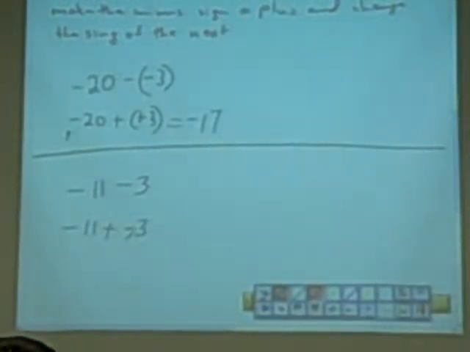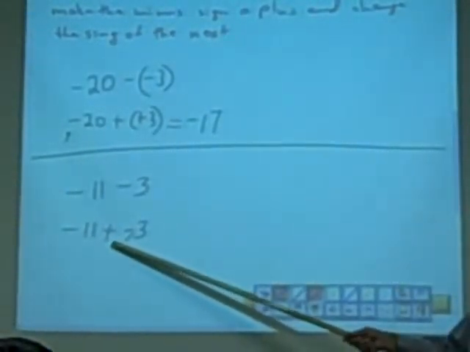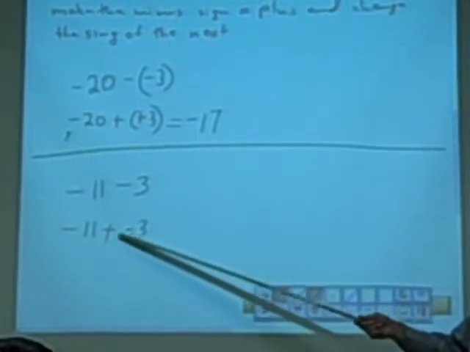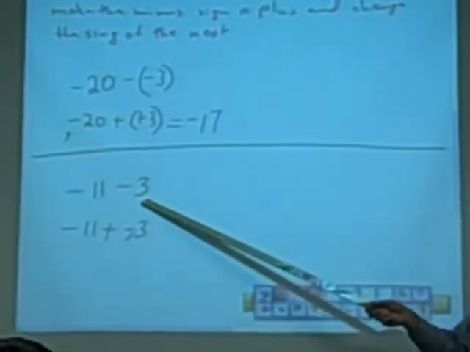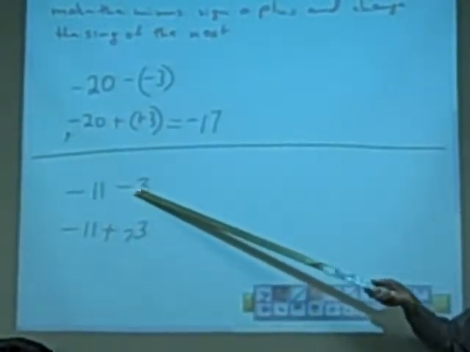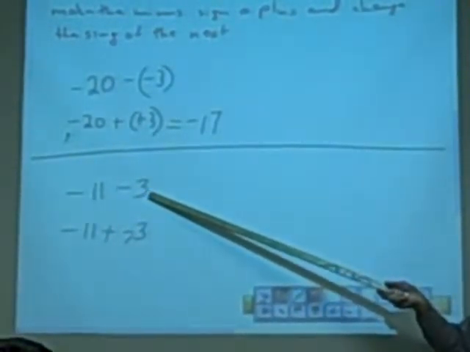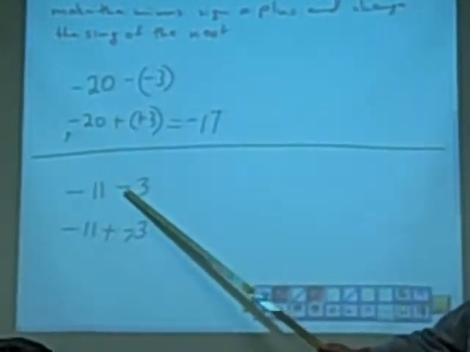They're the same. It's just that if you're just starting off looking at integers, it's easier to see it as adding negatives. Here you've got negative 11 and you're making it more negative. But a lot of times students see this as a minus.